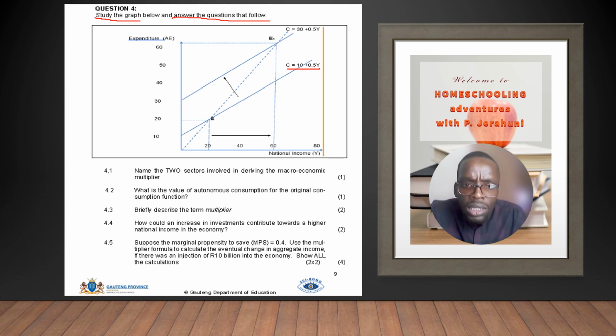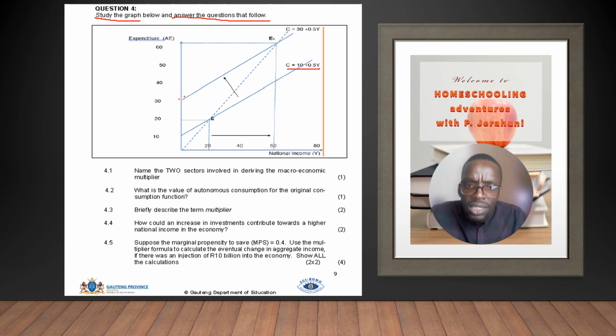From this you can see that this 10 here and that 30 here appear to be the autonomous consumption. This part here is the autonomous consumption for the first consumption function, and this one is for the second consumption function.